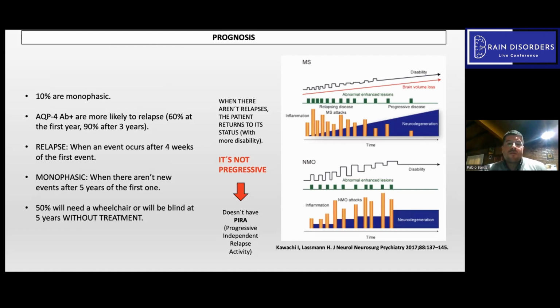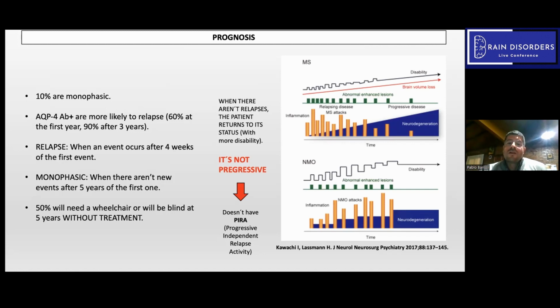So if we have another relapse within the 5 years, it isn't monophasic, it's already polyphasic, the most frequent form of the disease. And 50% without treatment will need a wheelchair or will be blind at 5 years. This is awful. When there are relapses, the patient returns to his status, but with more disability.